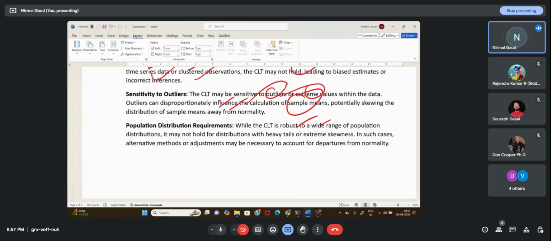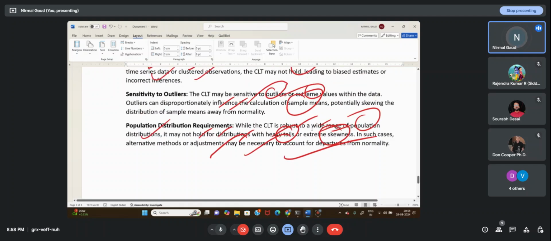CLT is robust to a wide range of population distributions. It may not hold for distributions with heavy tails or extreme skewness. That's what I'm saying: skewness, heavy tail, then it will be an issue. In such cases, alternative methods are used. Anyways, this is the central limit theorem. As the sample size increases, it moves towards the normal distribution.